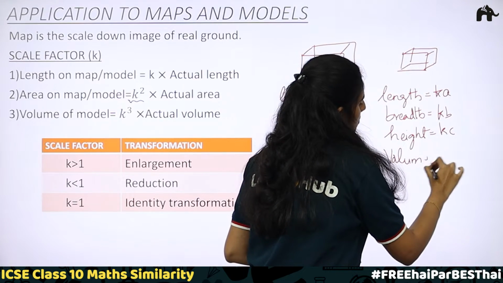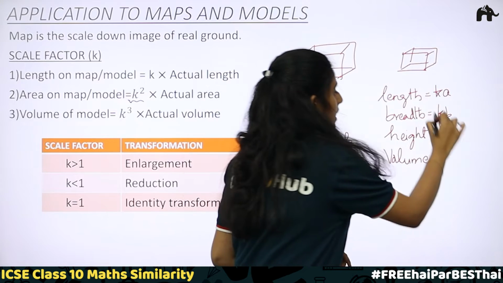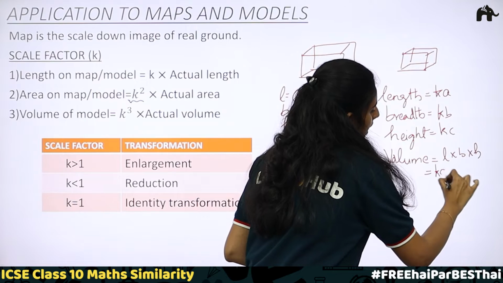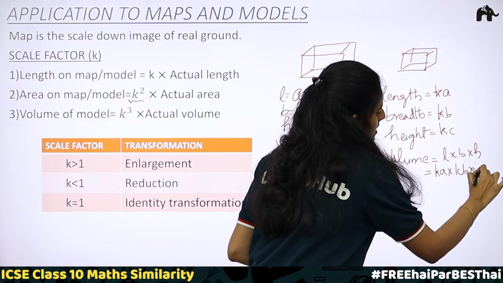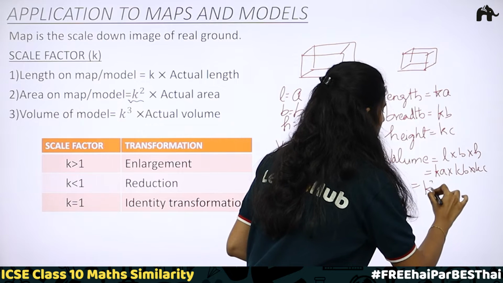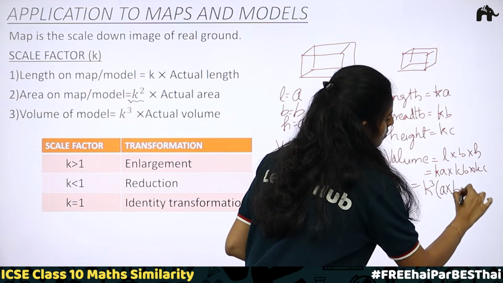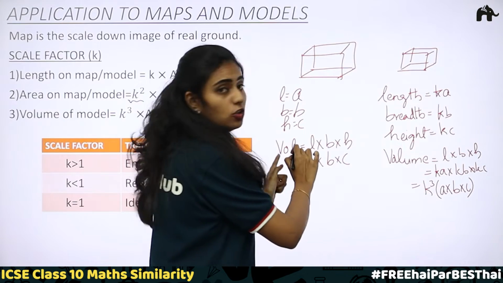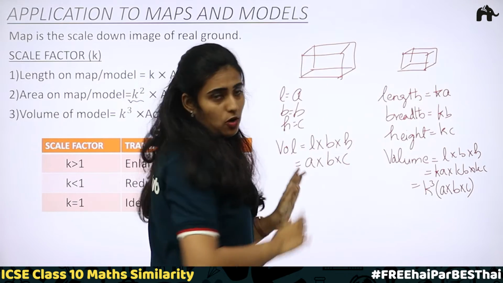Volume of the model made will be equal to length into breadth into height. In this case, Ka into Kb into Kc. K into K into K, we get K cube into A into B into C. We have ABC. ABC is the volume of the actual cuboid.